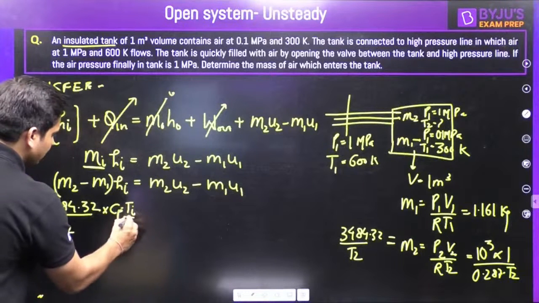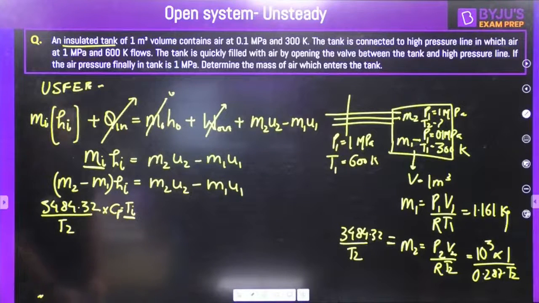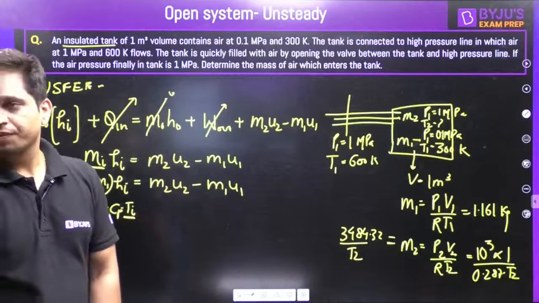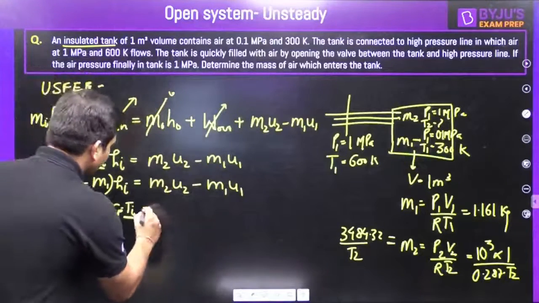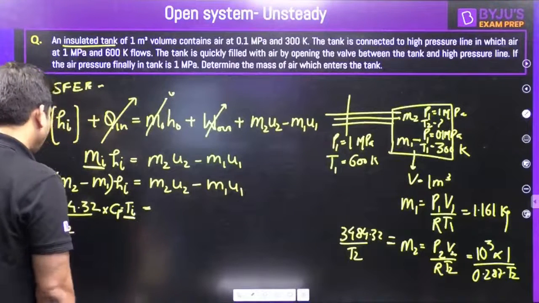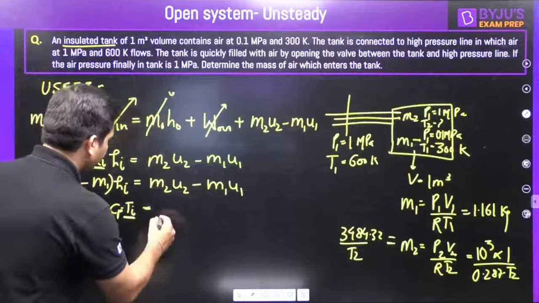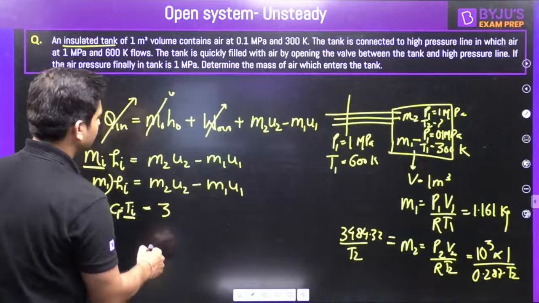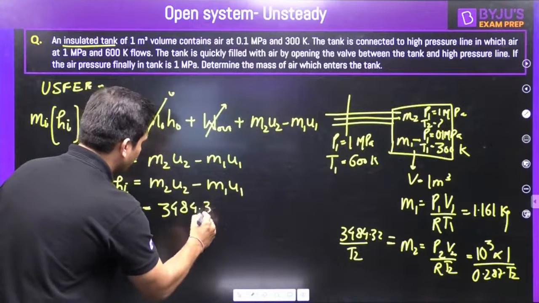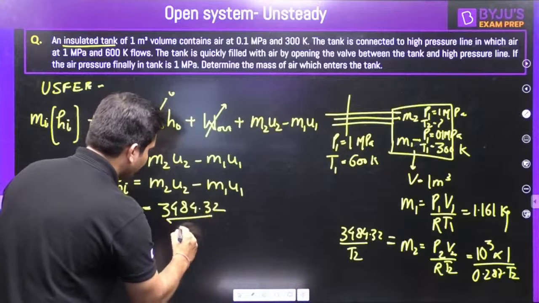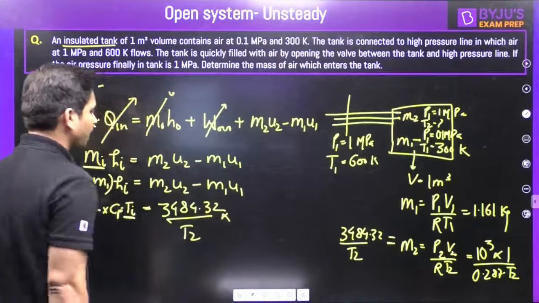CP is 1.005. M2 is 3484.32 by T2 into U2.